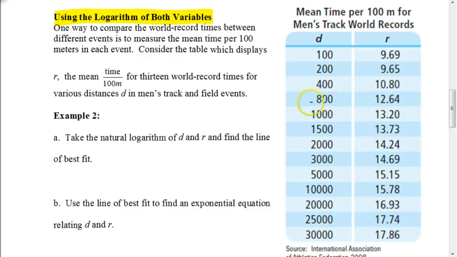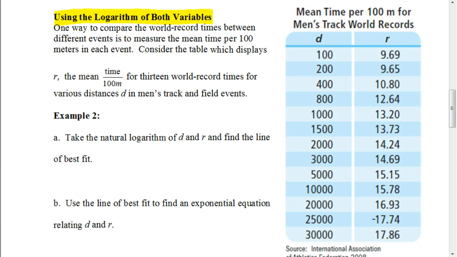Whereas if you had a 1,000-meter race, in order to break that record, they're going to have to pace themselves a little bit slower so they don't burn themselves out. And in that case, they're going to run each 100 meters in 13.2 seconds. Or if it's a 30,000-meter race, obviously they're going to want to pace themselves even slower yet. So for the world record, the average time for each 100 meters is 17.8 seconds.